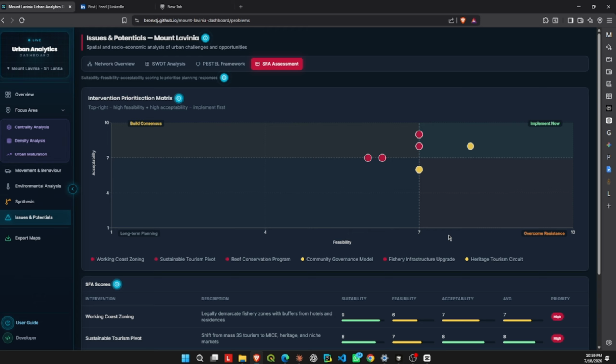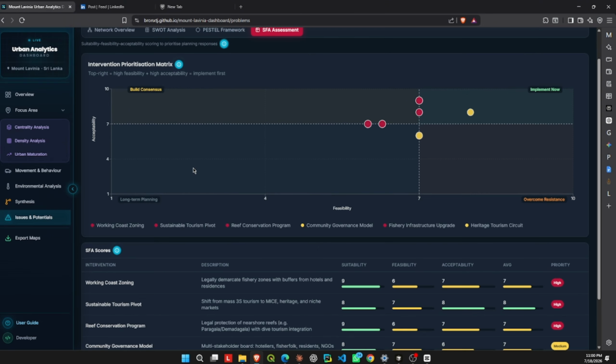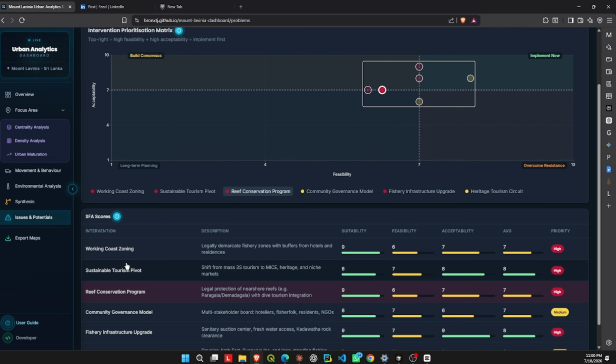Overcome resistance is doable, but with weaker support. Long-term planning is harder and less accepted. Accessibility is very low, and it's a later phase, right? If you click one of them, you can see the bottom rows highlighting.